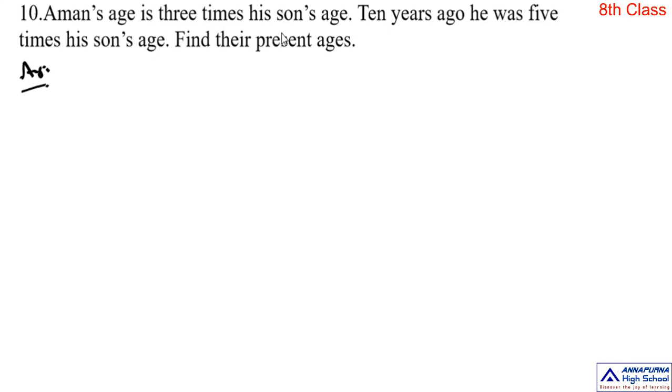But these two quantities are dependent on each other. Man's age is 3 times his son's age. So which quantity do we take as x? Yes, son's age.